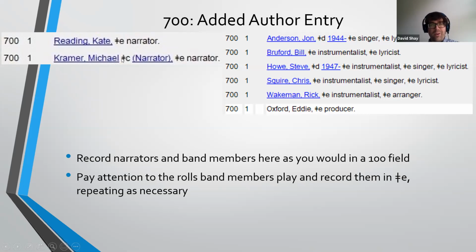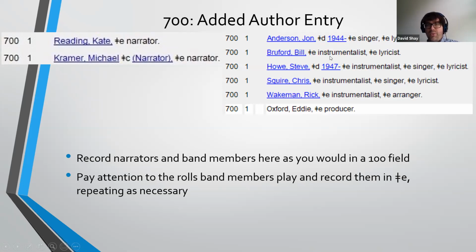And so early on we mentioned, for bands you get a 110 corporate author main entry. And you can then enter all of the band members in 700 fields with relator term subfield E's for their roles. So Jon Anderson, he's the singer. He's also the lyricist, so he wrote lyrics.